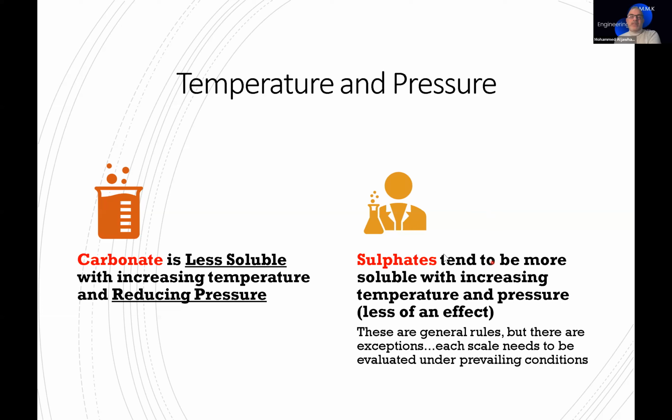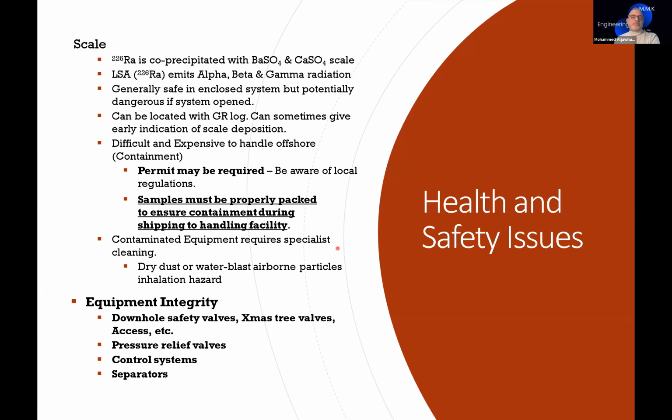So we can see this kind of scale where we have a difference in temperature and pressure inside the wellbore or inside the surface facilities, and we can think about carbonate or sulfate regarding these. These kinds of factors play the general roles in scale deposition.